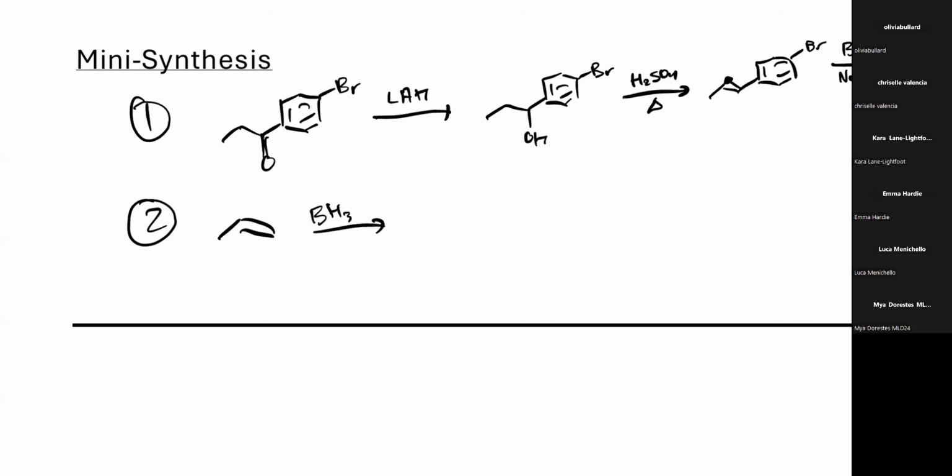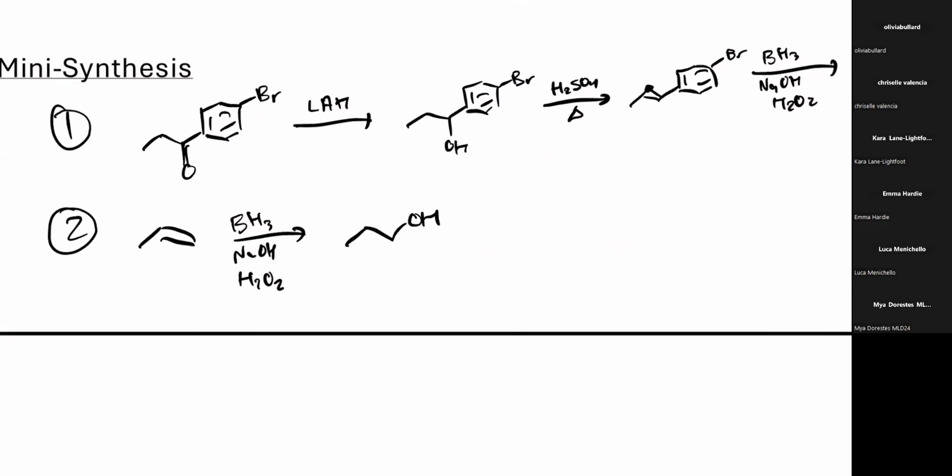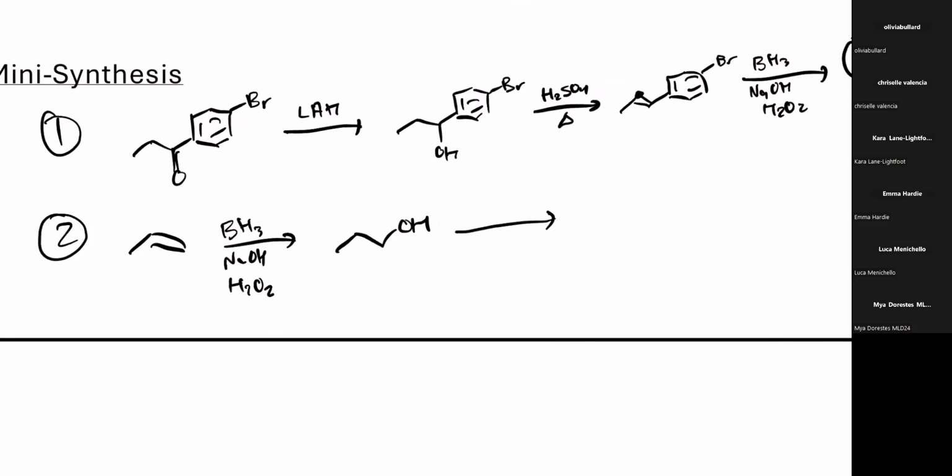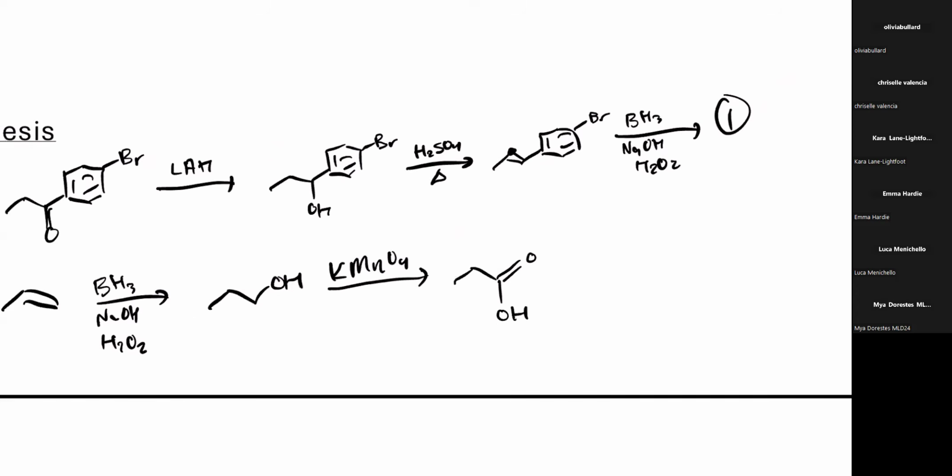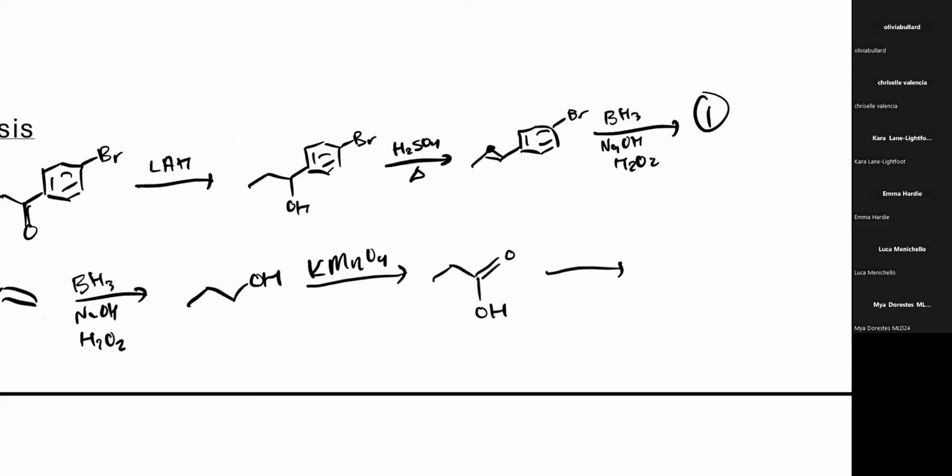So that means I need to do the anti-Markovnikov OH addition. Then I need to get it all the way to the carboxylic acid. So I'm going to use the strongest oxidizing agent I know, which is this. But I don't want the carboxylic acid, I want the acyl chloride. And so there is a way I can substitute the OH out for a chlorine, and it's the SOCl2.